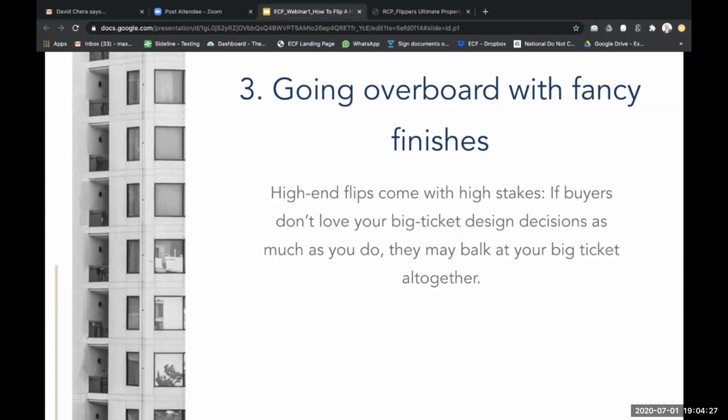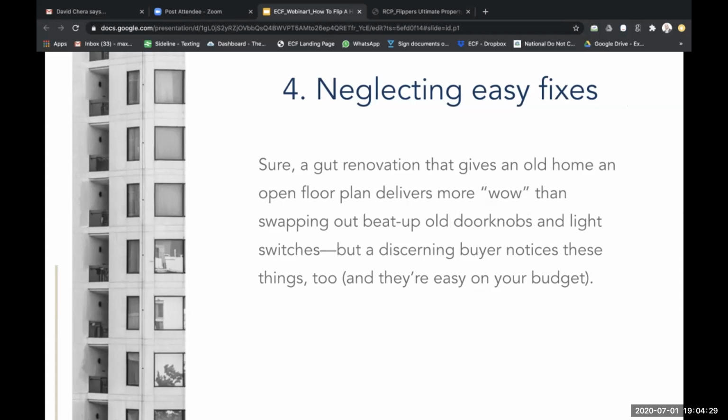Okay, the next slide, Max, please. Neglecting easy fixes. Sure, a gut renovation on an old home with an open floor plan delivers more wow than any other property out there. But don't forget the small things: doorknobs, door handles, light switches, light fixtures. Some people just put in a basic light fixture, but spending a few dollars more on a nice light fixture makes a difference.